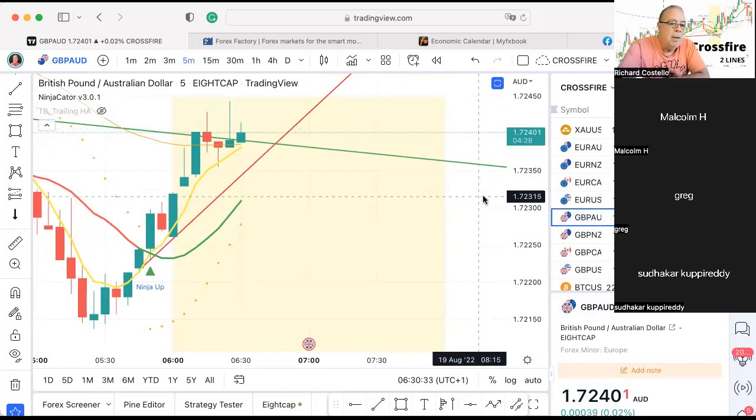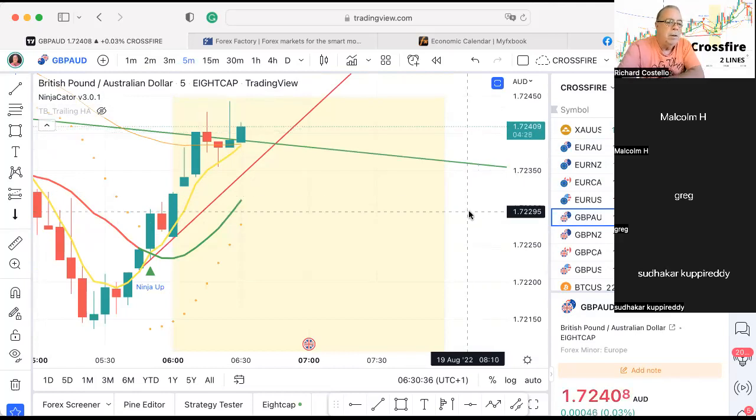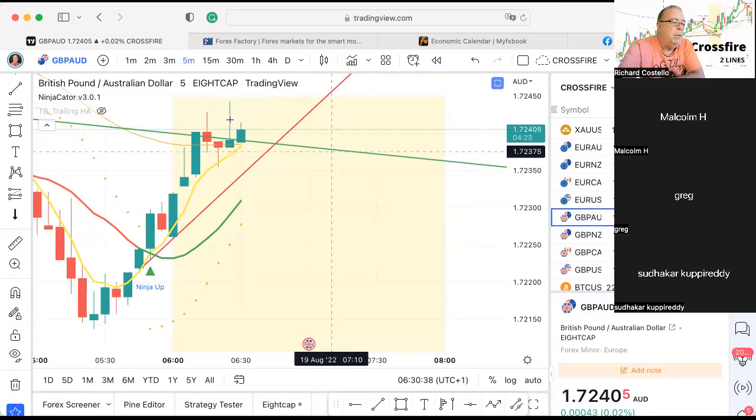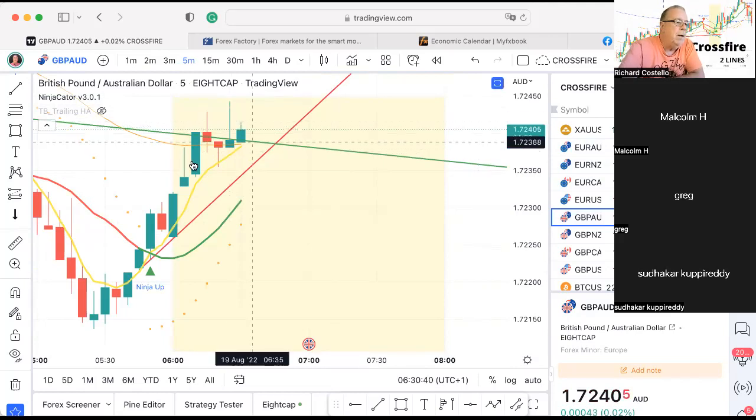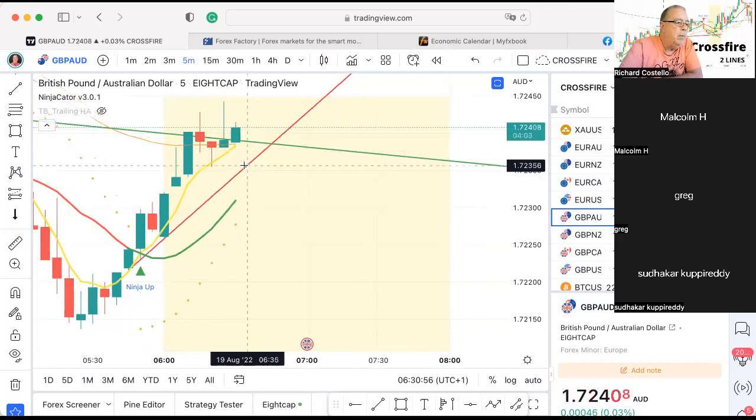You see this situation here, price has come up to our green line and then it's rejected from it. It's wicked through it and then it's come back, and now it's having a second or third attempt to break through it. It's going to need to really push hard to get above the green line. So we'll keep an eye on that.